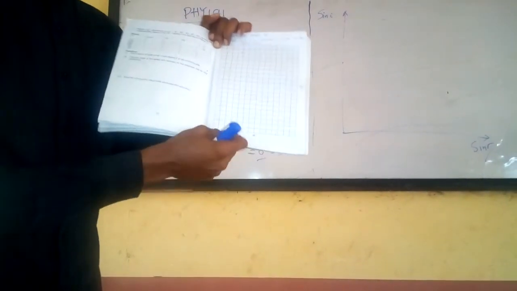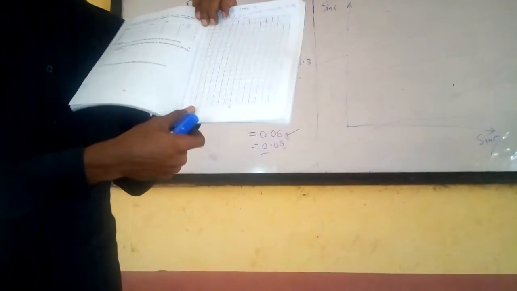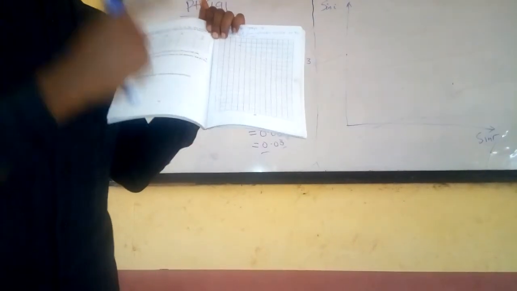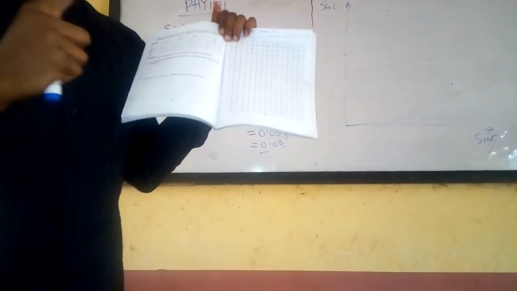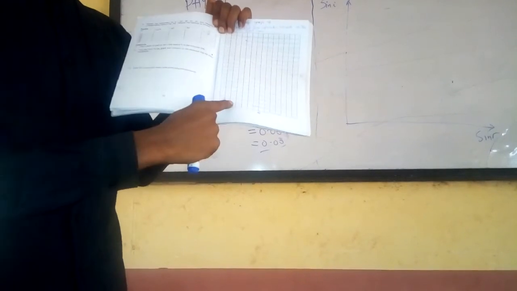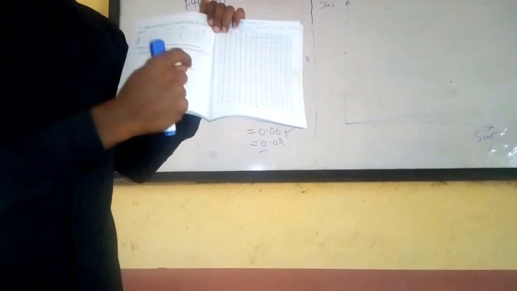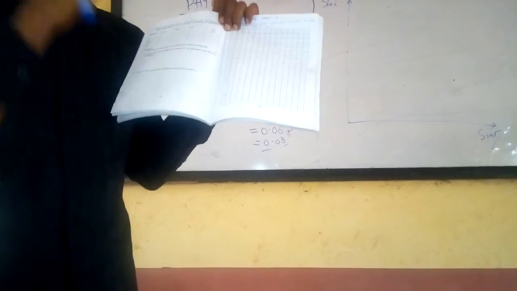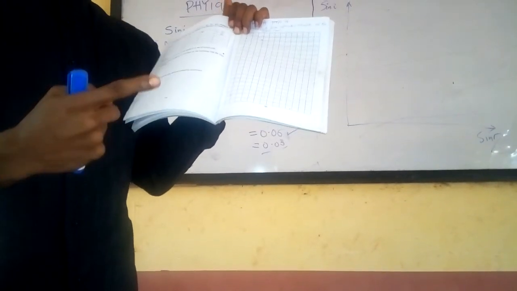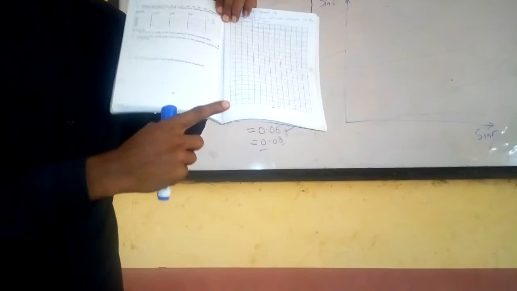You understand? So if you still decide you want to use 2 cm, it means you're going to be counting 2 boxes as 1. If you want to use 1 cm, that is 1 box to represent 1 unit. It means you'll be counting 1 box as 1. I like to use 2 cm, so I'll be counting 2 boxes as 1.